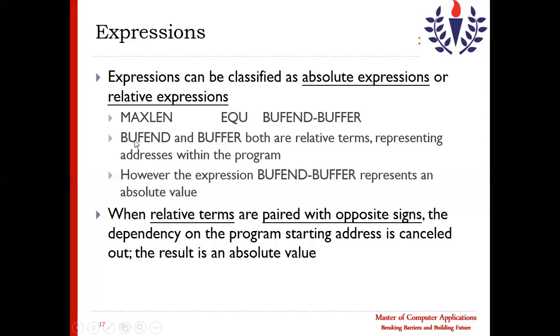Like here it's written that BUFEND and BUFFER are both relative terms representing addresses within a program. Both terms are used inside our program to represent some addresses. But if I want to make it an absolute expression, I put them in a pair with opposite signs: one positive, one negative.